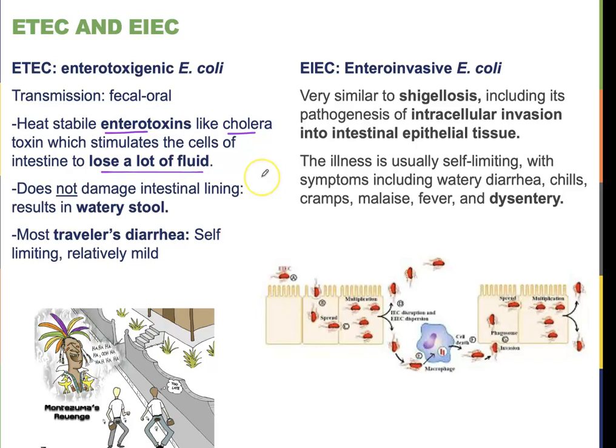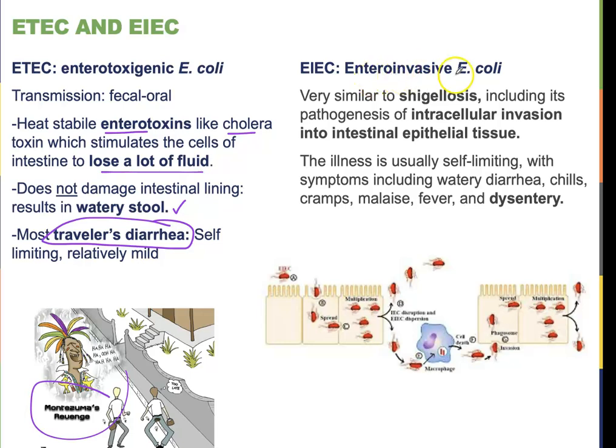And so you do lose a lot of fluid in this way. It doesn't damage the intestinal lining, so it's a watery stool, and this is what commonly causes traveler's diarrhea, which is also called Montezuma's revenge. So self-limiting, relatively mild. If you've gone abroad and you have diarrhea from drinking or eating their food, it's probably ETEC.